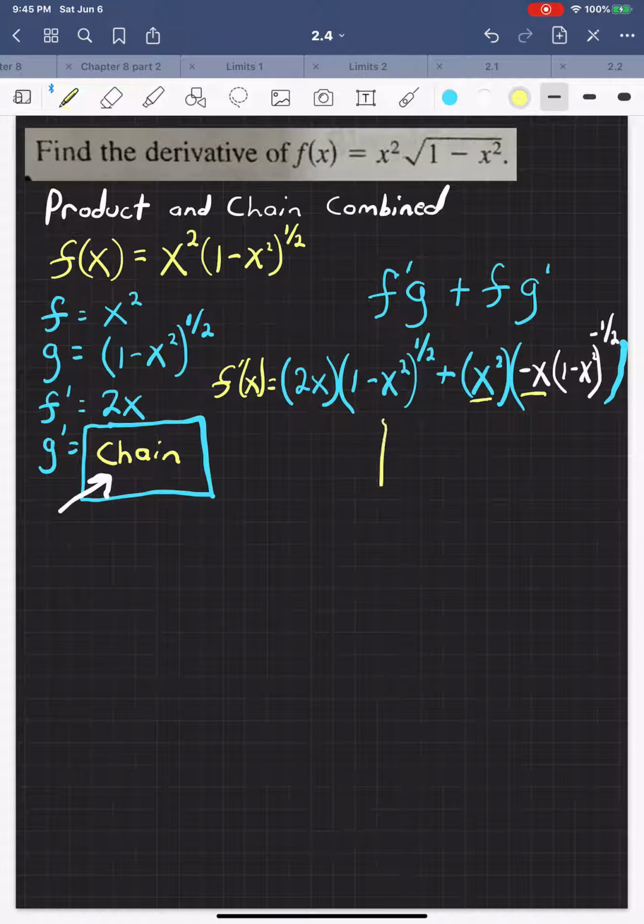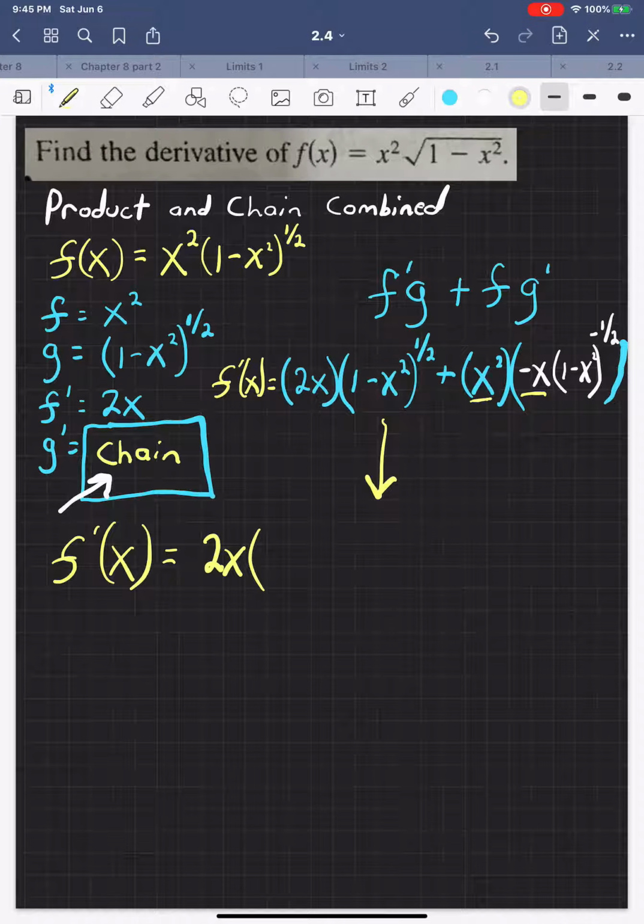So f prime of x, let's rewrite this without all of these parentheses. So that's 2x times 1 minus x squared to the power of 1/2.